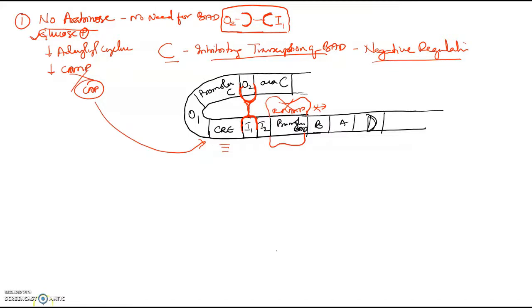Now let us look at the second scenario, when arabinose is present and glucose is absent.